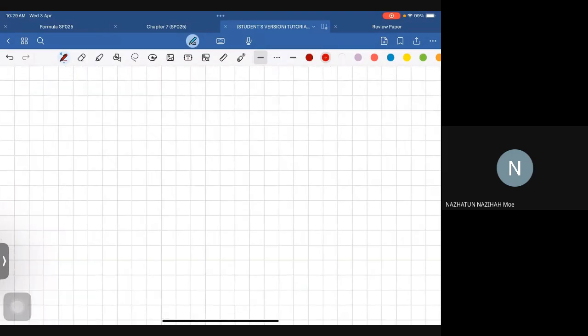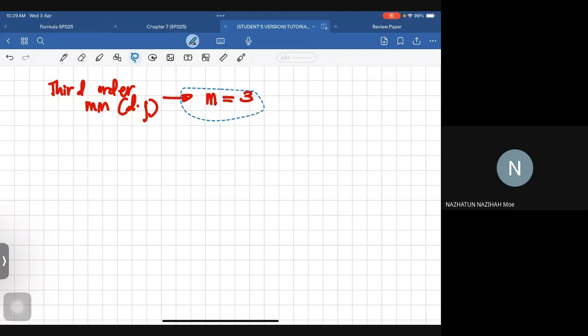Okay, so sekarang ni dia bagi tahu the third order minimum are 0.2 meter apart. So third order, so dia punya order number is 3. Walaupun dia tulis minimum, as we know this is dark fringe, usually student bilang, Miss, bukan kita perlu -1 kah?